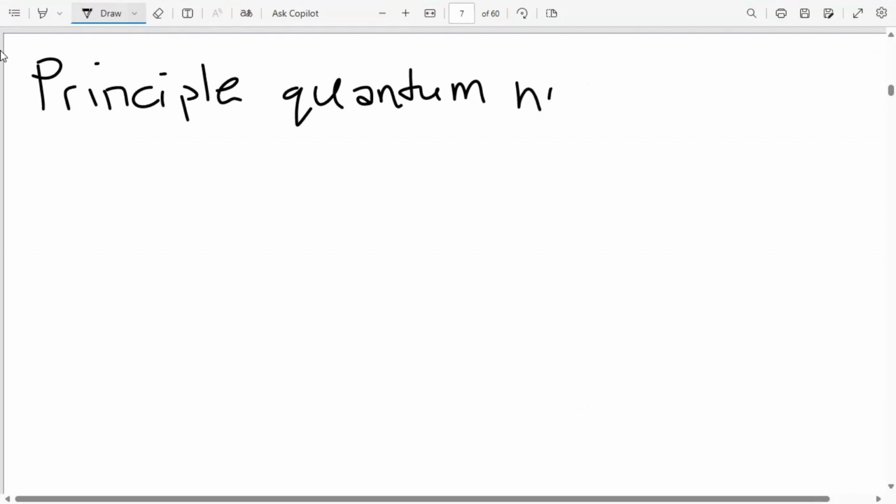The principal quantum number, which is represented by the letter N. So what is this known as, the principal quantum number? I've already talked about this: it defines the electron's primary energy level and the overall size of the orbit that this electron is occupying. It is represented by the letter N, and it takes positive integers.